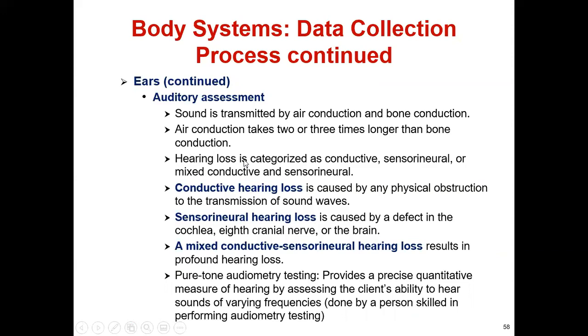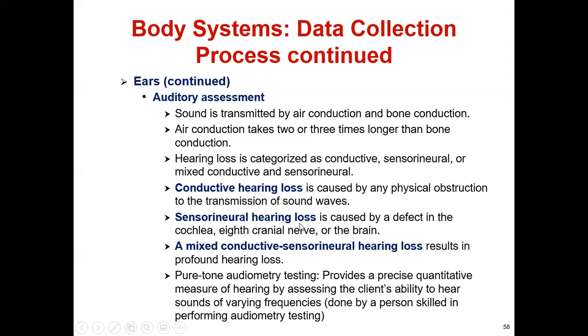Hearing loss is categorized as conductive, sensory neural, or mixed conductive and sensory neural. Conductive hearing loss is caused by any physical obstruction to the transmission of sound waves.